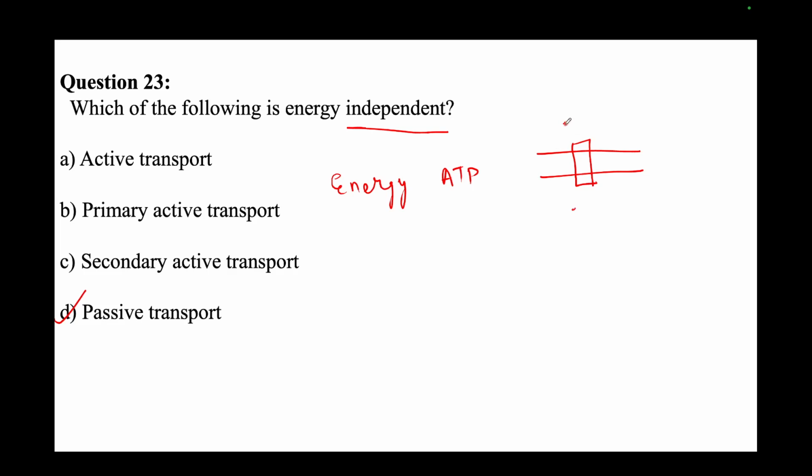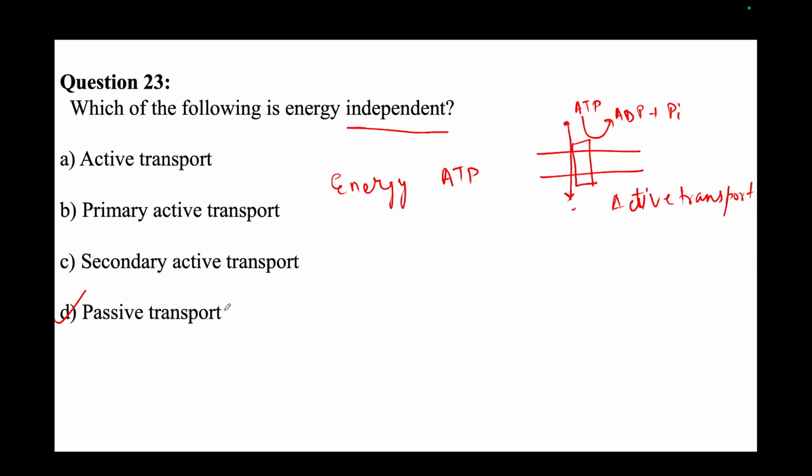For this movement to happen, if it requires ATP, if it needs hydrolysis of ATP into ADP and Pi, that means this is an active form of transport. Okay, active transport.